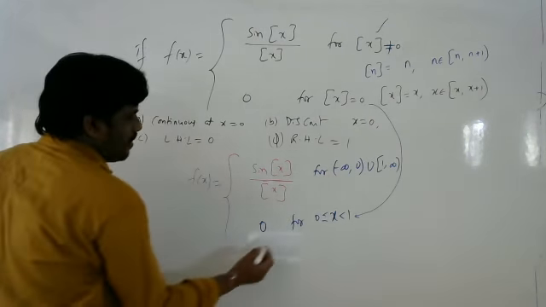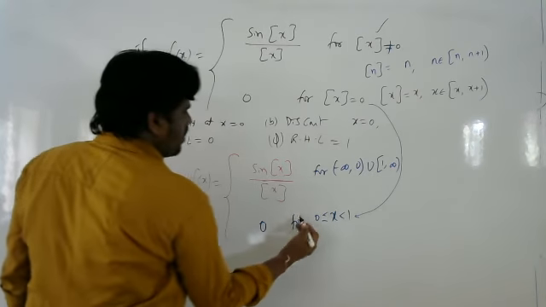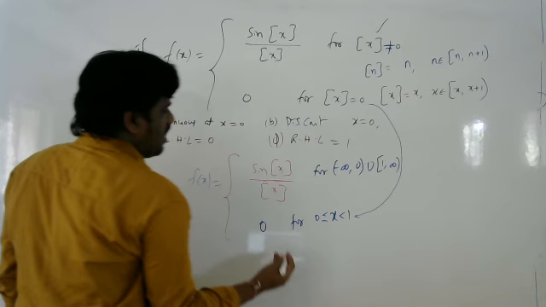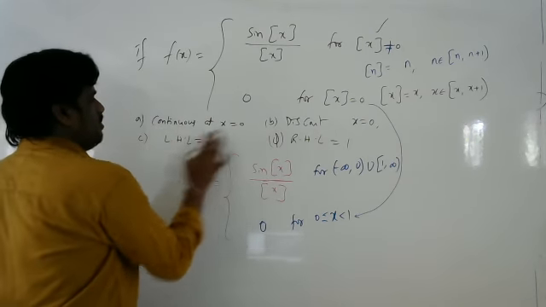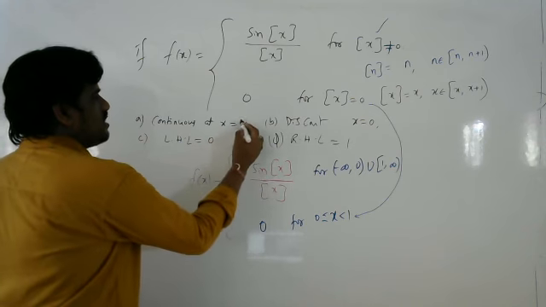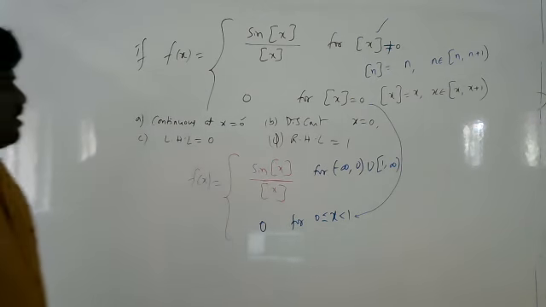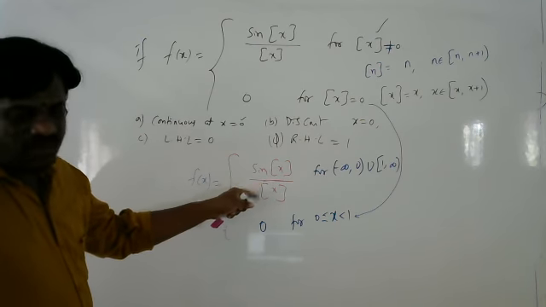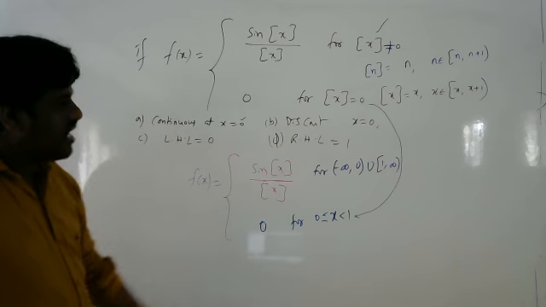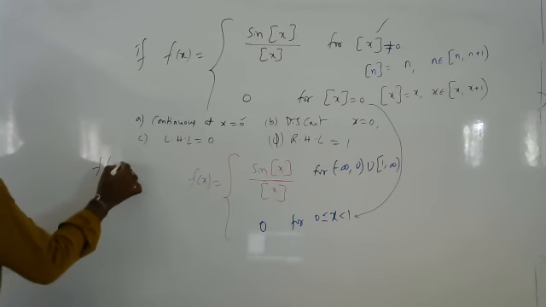Now here, just see: when you are going to take 0 to 1, right hand limit and left hand limit I have to check. See, options A, B, C, D I have, where it is 0, 0, 1, 0, 0, 1, right? So now what I do here, I take for 0. F of 0 minus, the left hand limit.